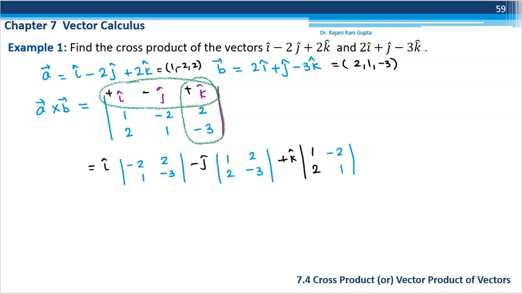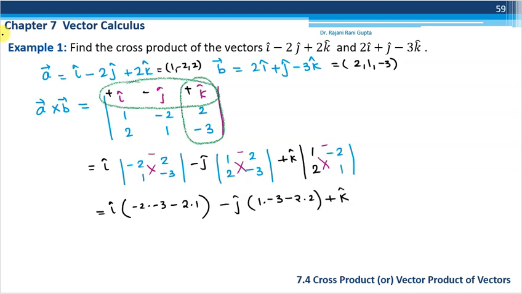Then cross multiply and subtract, giving you i: minus 2 times minus 3, minus of 2 multiplied by 1; minus j: 1 multiplied by minus 3, minus of 2 multiplied by 2; and with k: 1 multiplied by 1, minus of minus 2 multiplied by 2. Better if you put it in brackets to avoid any mistakes.